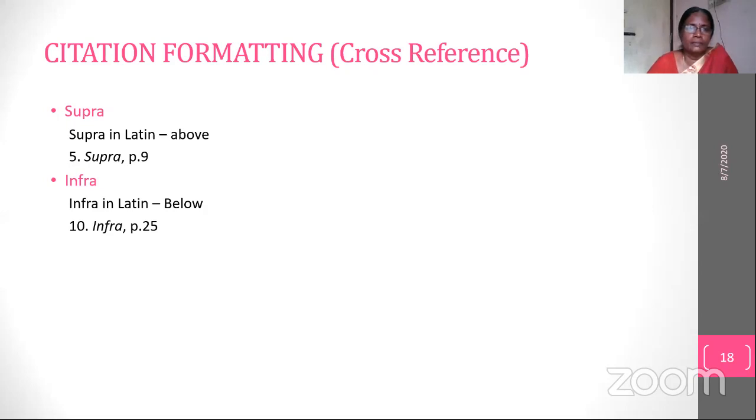The 15th reference is Supra, page number 9.